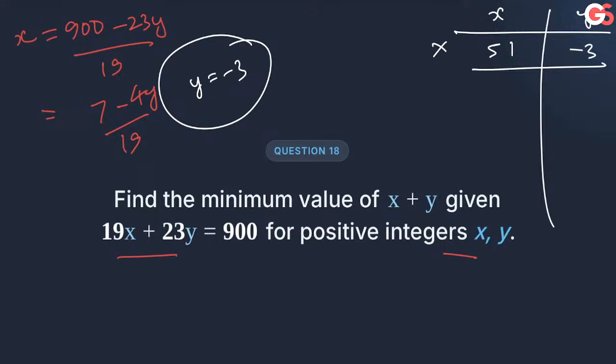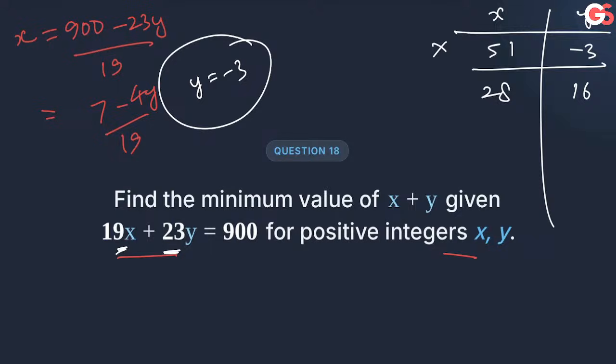So now x will be less by 23 and y will increase by 19. -3 plus 19 is 16. 51 minus 23 is 28. See, now I am playing with numbers just like that.